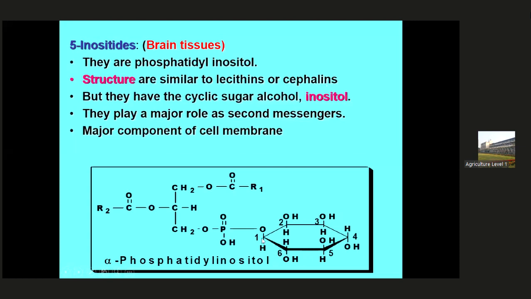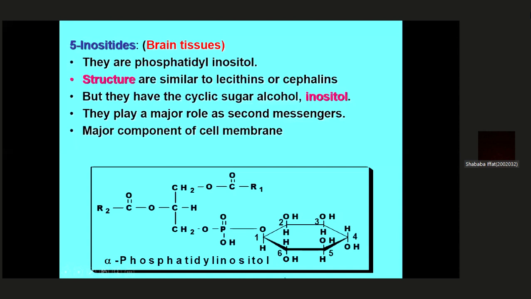In case of cephalin, there was the ethanolamine, serine, threonine, etc. So in place of the choline, threonine, serine, ethanolamine, if inositol, there is no oxygen link between the number 5 and, in case of the glucose, it was 5 number carbon, and it was linked with this number 1 carbon with an oxygen. This is called lactone ring, and here lactone ring is obviously absent. All of the carbon contains the hydroxyl group. So this is called inositol or myo-inositol.